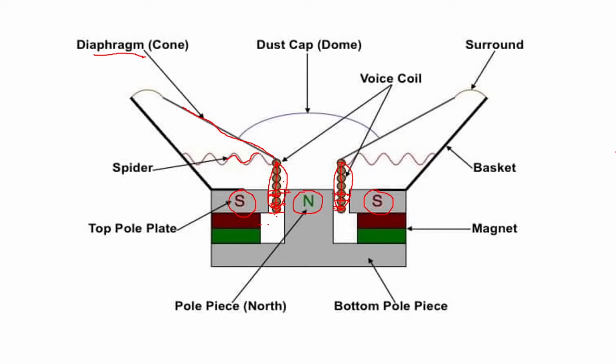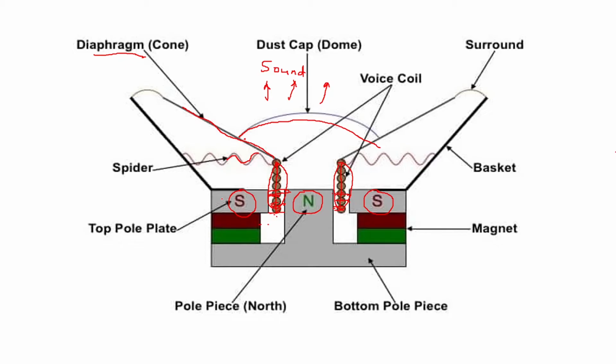In that process, the coil vibrates, and that vibration is transferred to the diaphragm, which gives you an output from this dome, which will be your sound waves. So electric energy is converted into sound energy. This is what we saw basically for a speaker or loudspeaker.